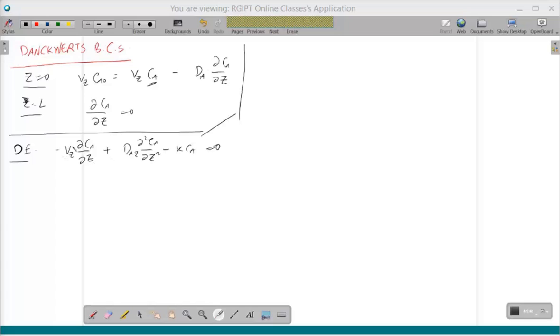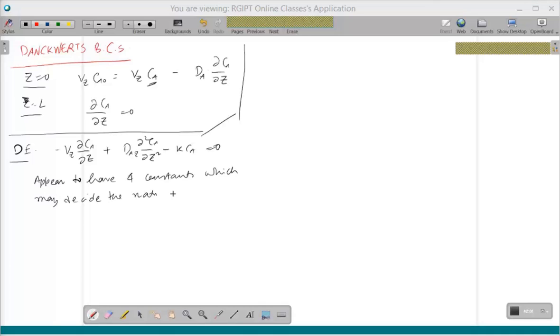These are the constants that appear to decide the nature of the Ca function as a function of Z. Sometimes I write it Daz or Da, but please don't mind that, and then k and Ca naught.